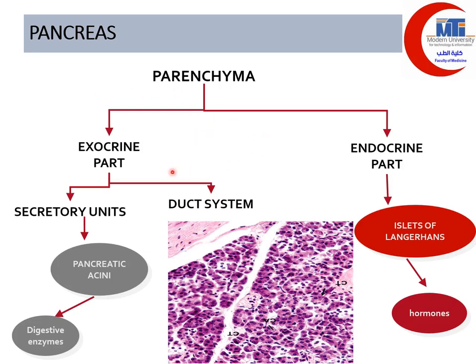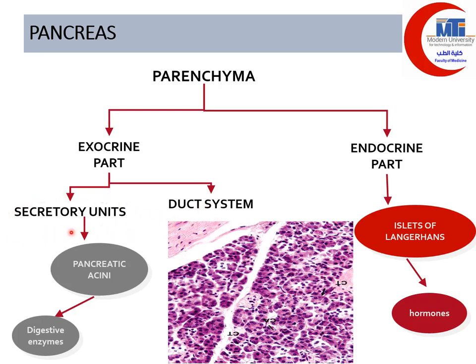This diagram illustrates the parts of the parenchyma of the pancreas. The parenchyma, or functioning part of the pancreas, is formed of an exocrine part and an endocrine part. The exocrine part, as you studied last year, is formed of secretory units and a duct system to take the secretion.